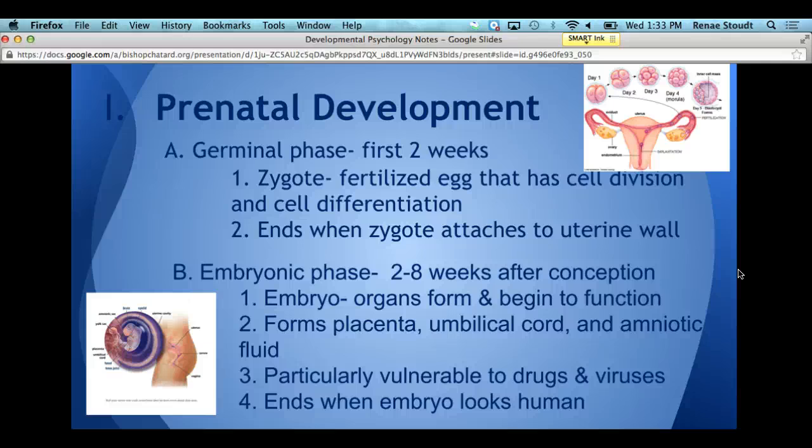It doesn't look like a baby, and it's extraordinarily blown up, because at this point no one can tell that the woman is pregnant. Most women choose not to share that they're pregnant until about 12 weeks, because the chances of losing the baby during the first trimester are very high. So this is our embryonic stage.